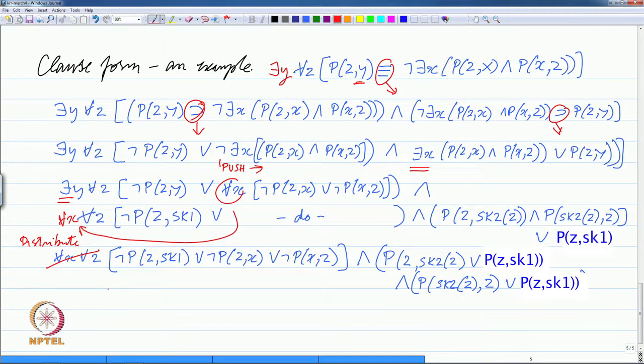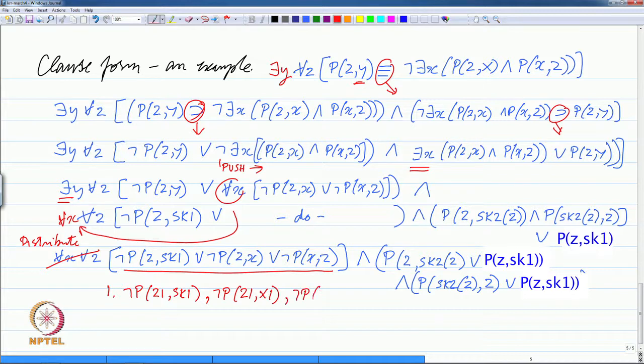So, the first clause is this one, not p z1 sk1, comma not p z1 x1, comma not p x1 comma z1. We just call them with a suffix 1 to say that it is a first clause.